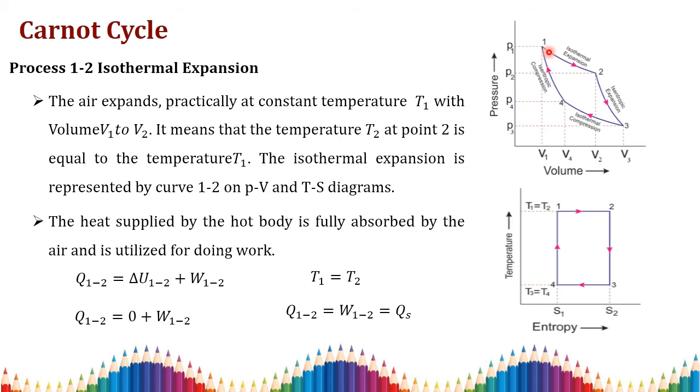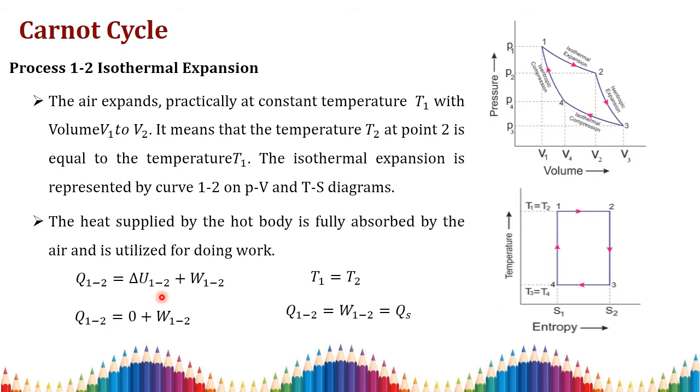Process 1 to 2 is the isothermal expansion process. Here the pressure is reduced with the increase in volume from V1 to V2. Applying the first law of thermodynamics to process 1 to 2, we can write Q is equal to W plus delta U. In this process the change in internal energy is 0, since delta U is equal to mCv into delta T, and the change in temperature is 0 because T1 is equal to T2.